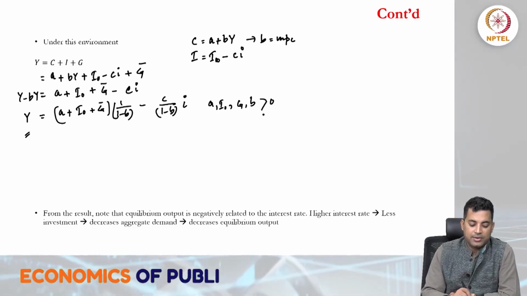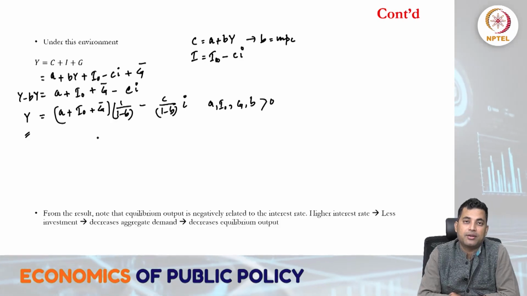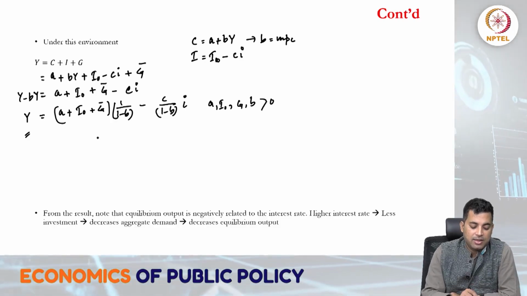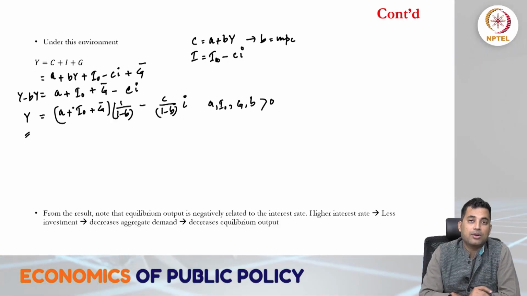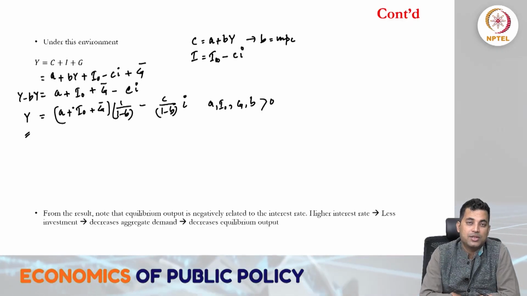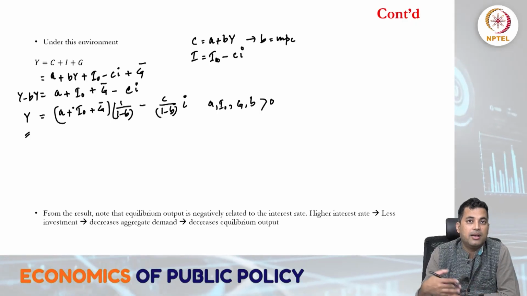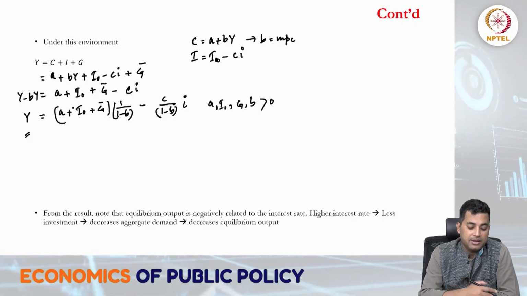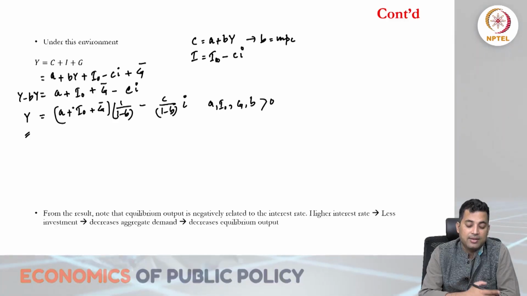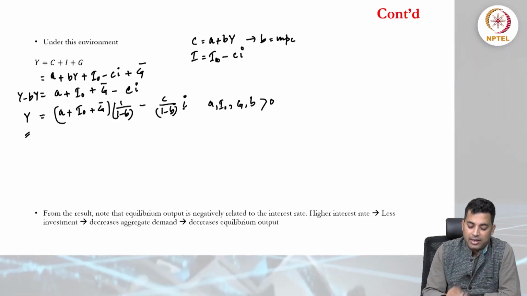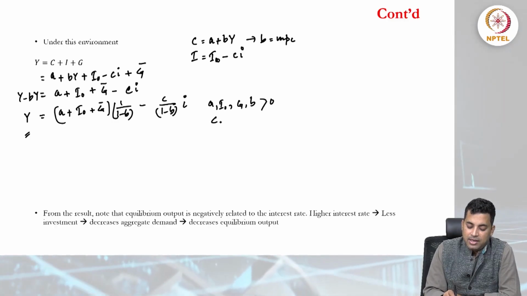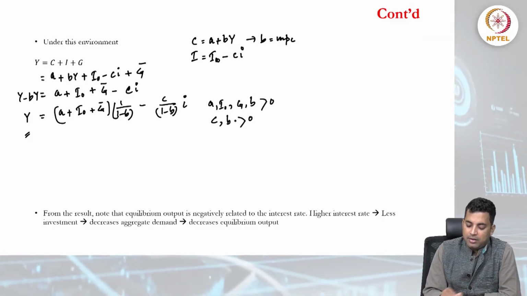If all are positive, then the first component on the right hand side is positive, and therefore once all the coefficients or autonomous components increase, total output will increase. But total output is negatively related to the interest rate, because here c and b are both greater than 0.